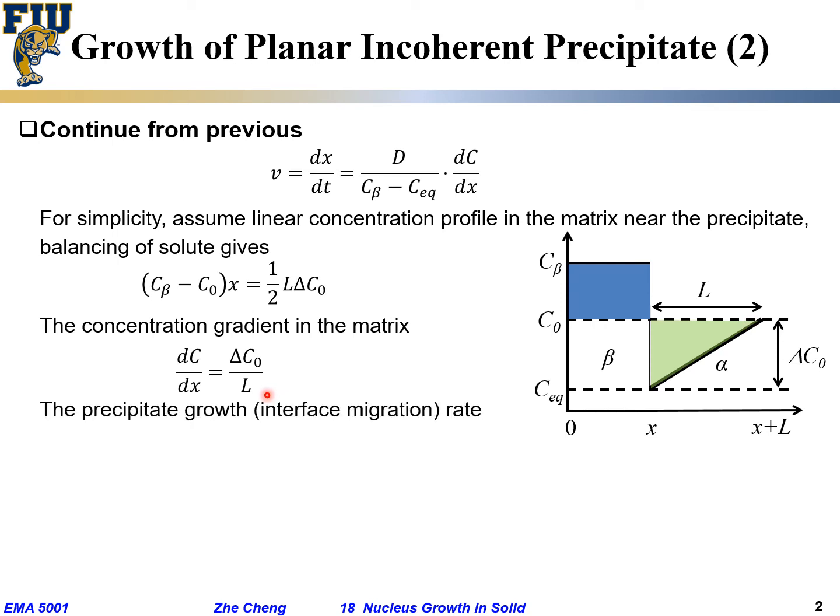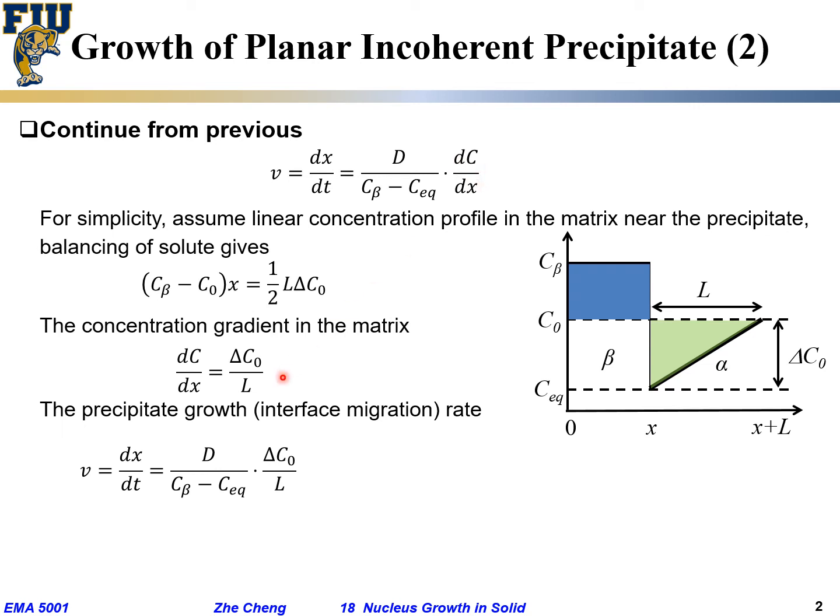Okay, then the precipitate growth rate, which again is the V or dx over dt, we are going to rewrite as V equals dx over dt, and we keep the first term, diffusion coefficient, divided by the difference in C beta minus CEQ, times dc over dx.